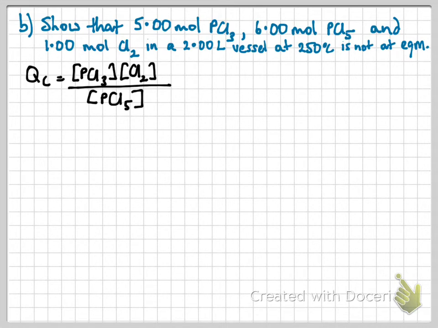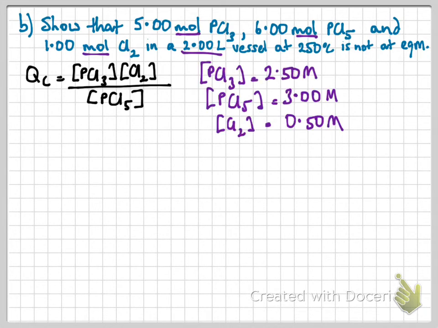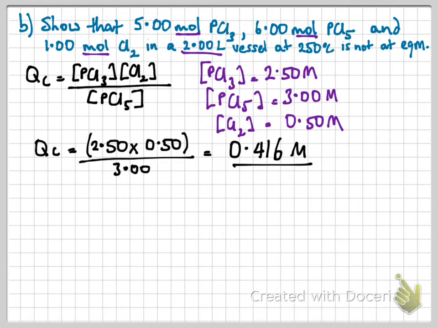So first of all, write down the expression for QC. Note it's exactly the same as KC. Because you've been given moles and a volume, calculate molar concentration by dividing them all by 2 this time, so you get those concentrations there. Substitute them into the expression, you get 0.416.